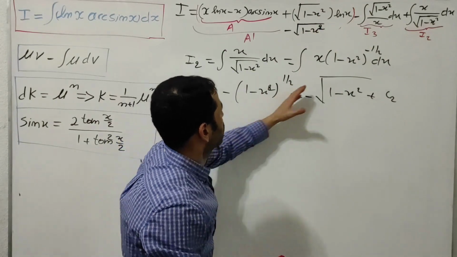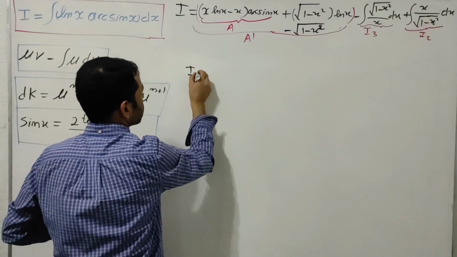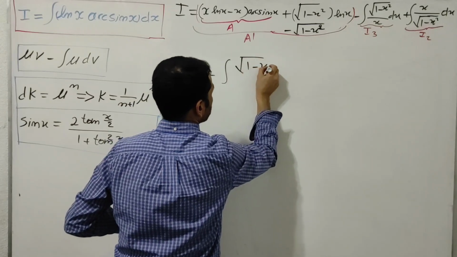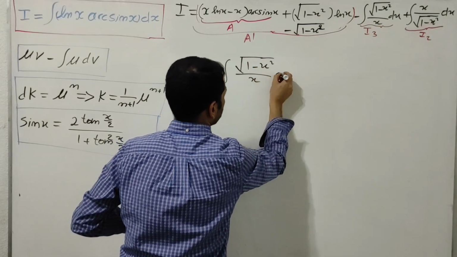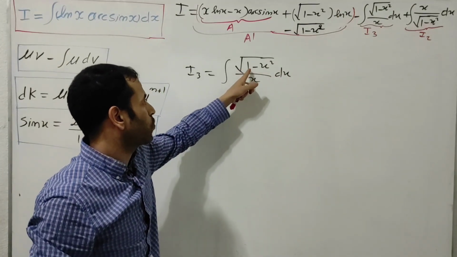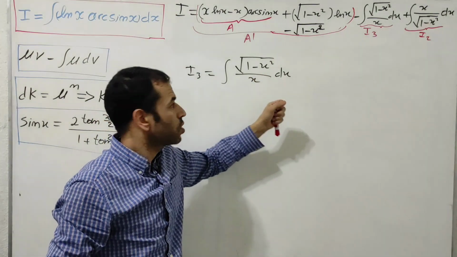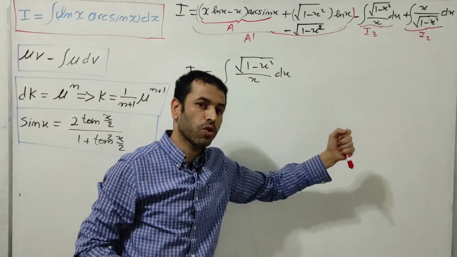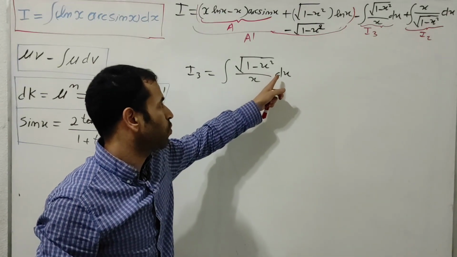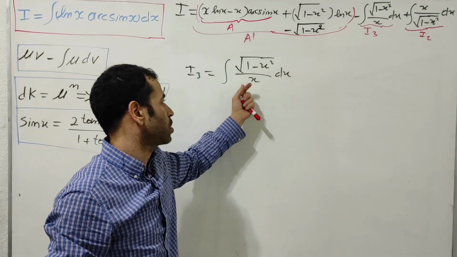So we don't need this one now. Now I'm going to calculate I3. So the I3 integral equals square root of 1 minus x squared over x dx. Now it's very clear, since we have the square root of 1 minus x squared, this one is written in the form of sine squared x plus cosine squared x equals 1. So by putting the substitution x equal to sine of theta, we are going to find this.